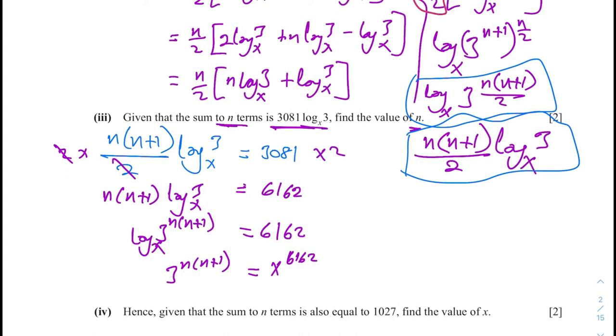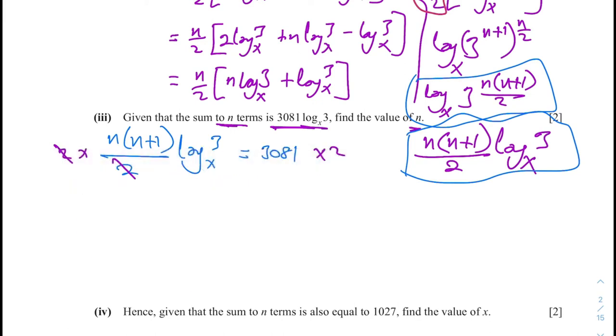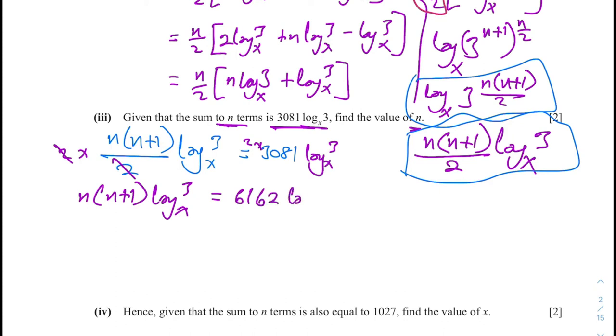So we have to go back. Let me clean all this. Sorry about that. So we can include this guy, so that even if I'm multiplying by 2, I still get my n plus 1 log 3x is equal to 6162.